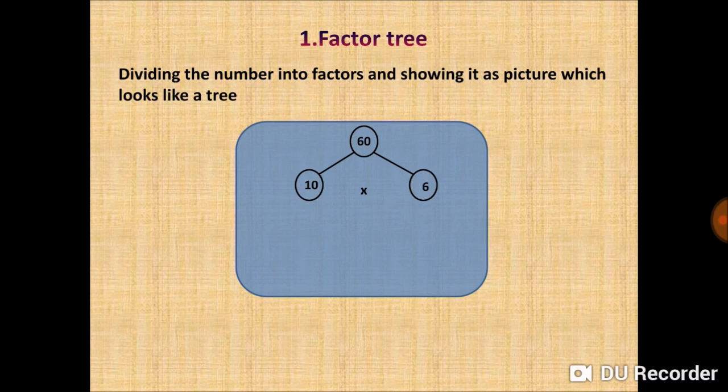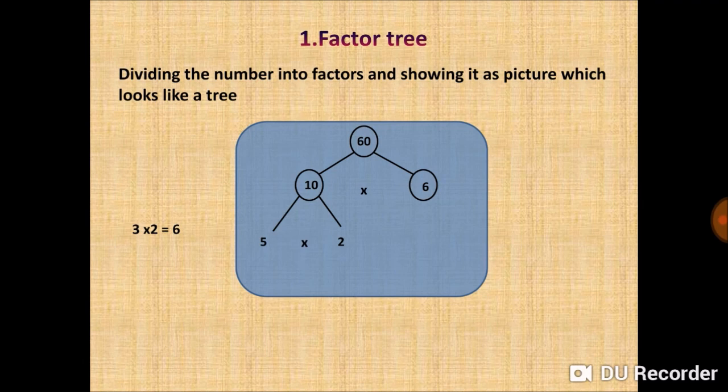Like example, I want to divide 10 into 5 and 2. Okay, and I will also write 5 and 2 in the similar way, like this. 5 multiplied by 2. Then I also want to divide 6 into 3 and 2. 3 multiplied by 2 is equal to 6.